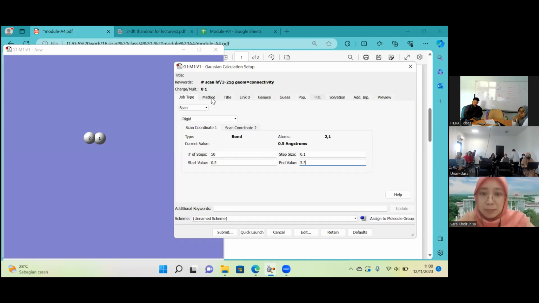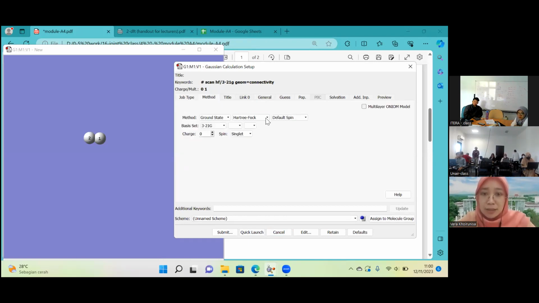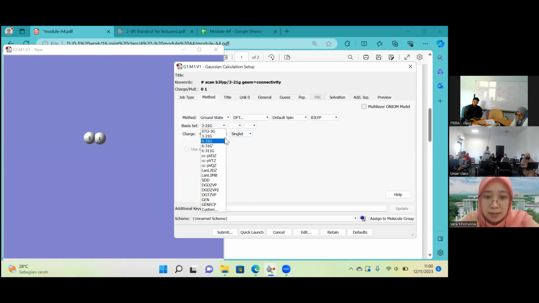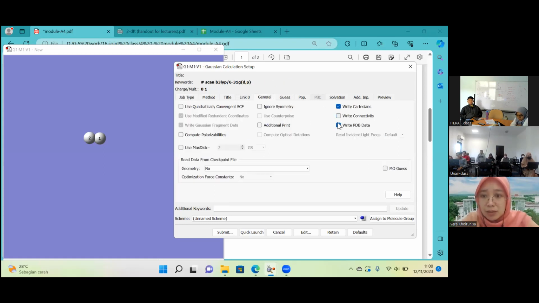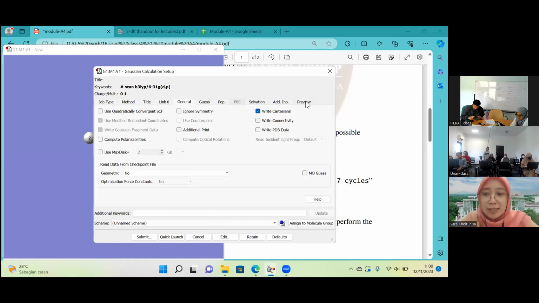And the method, you can change to DFT, and then the basis set, and spin multiplicity is singlet. And I need to uncheck this one. And we see the preview.